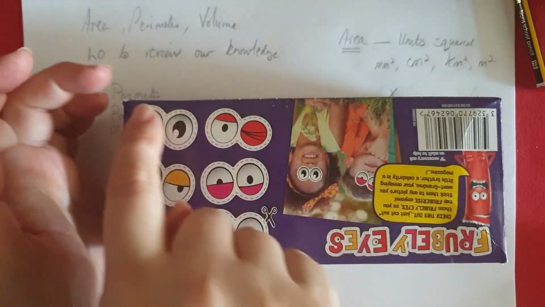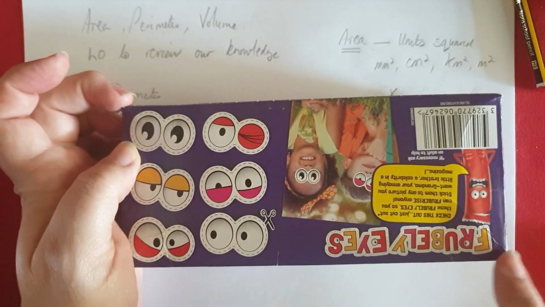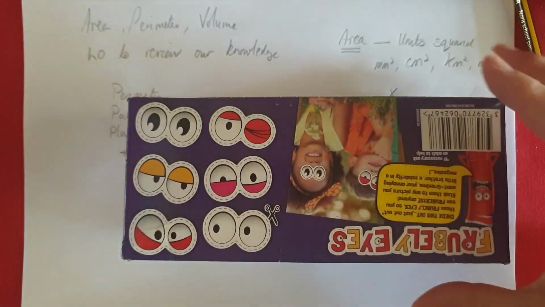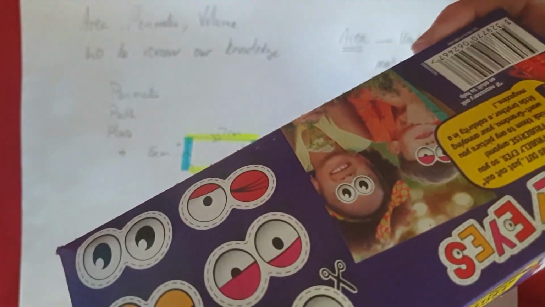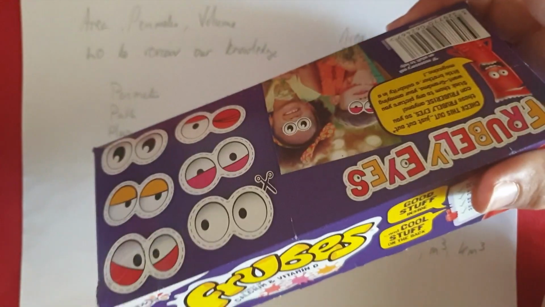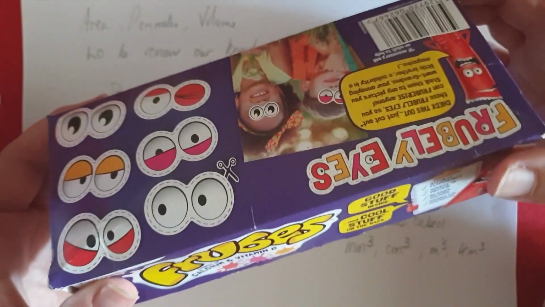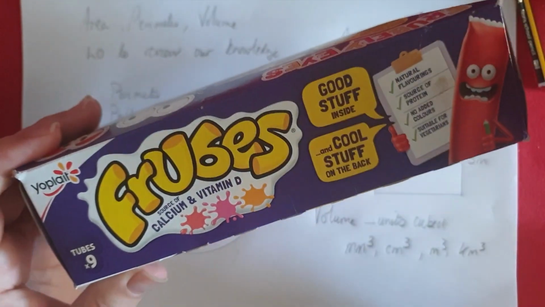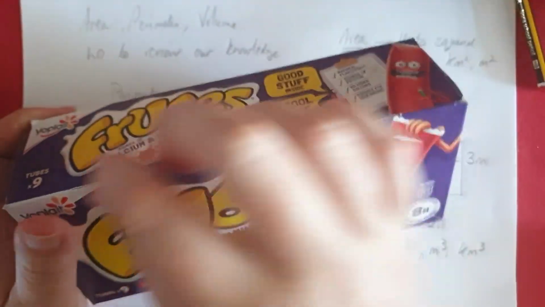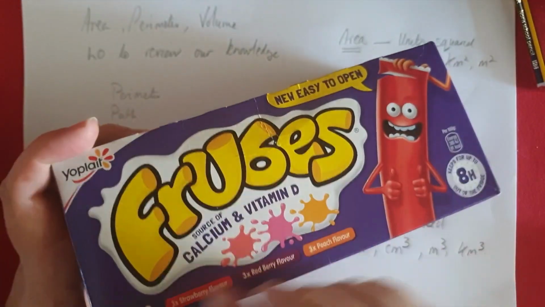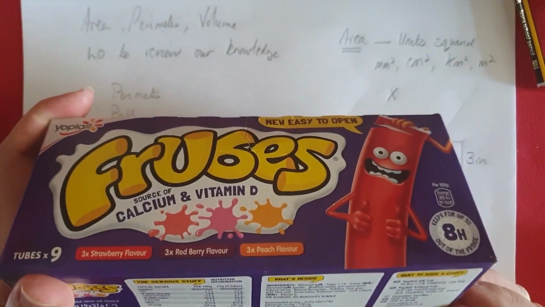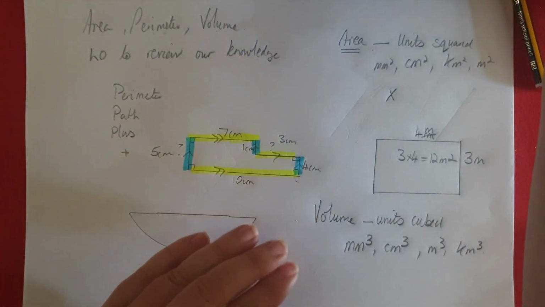Likewise, we can also find the total amount of edges, and this is using perimeter. Again, you can't just do one simple calculation. You've got to work out each part, work out each part, work out each part. But we can use that information.